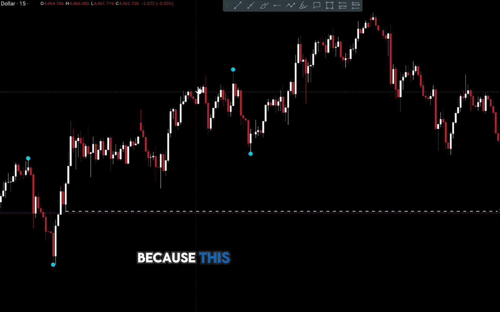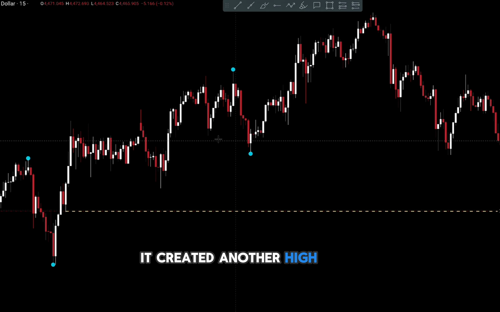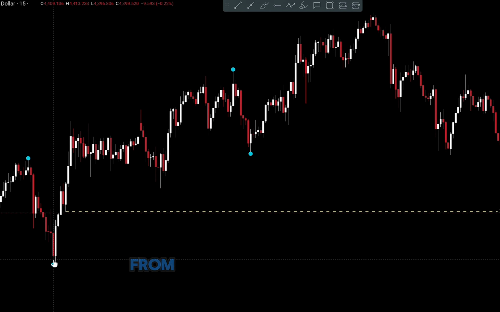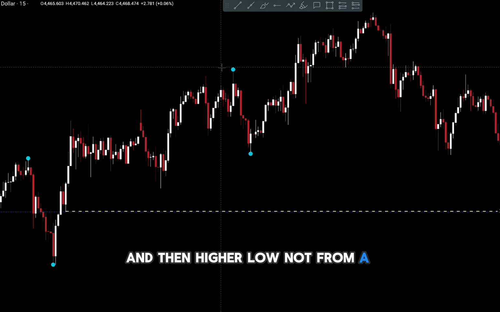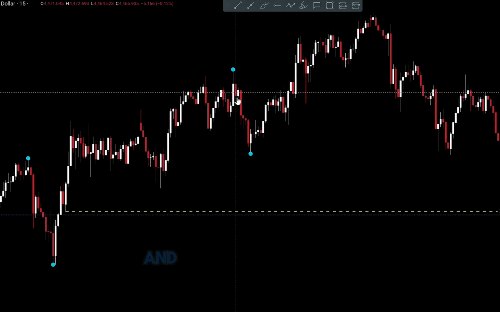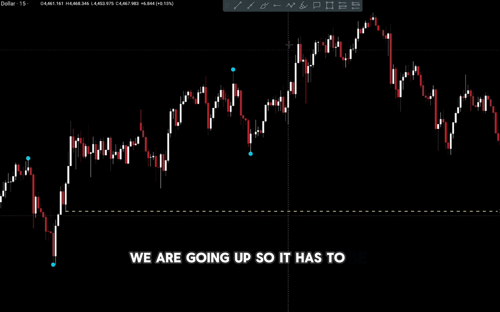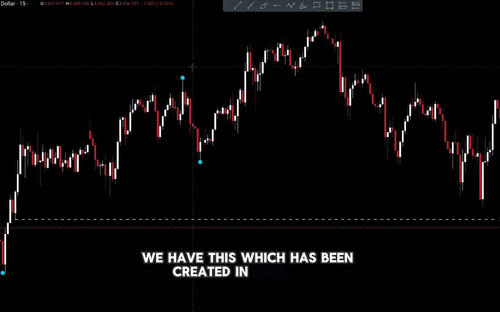Because this low, after it has been taken out, created another high that took out that low. You want the market to be like from this low to a higher high and then a higher low, not from a higher high and then it comes to a lower low and then a higher high and then this low becomes lower than this again. We are going up, so it has to be all up. We have this which has been created in this place.